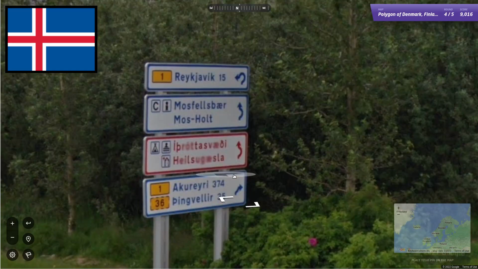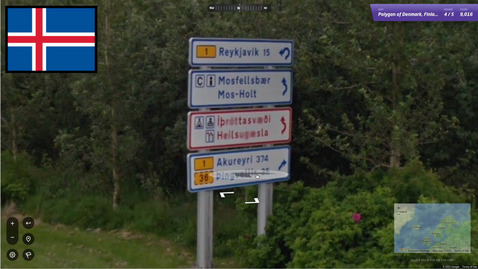Here we can see Icelandic signs which are somehow similar to those in Denmark, because these use this blue and red color, and here you can see that letter Æ, which is used in Norway and Denmark too.